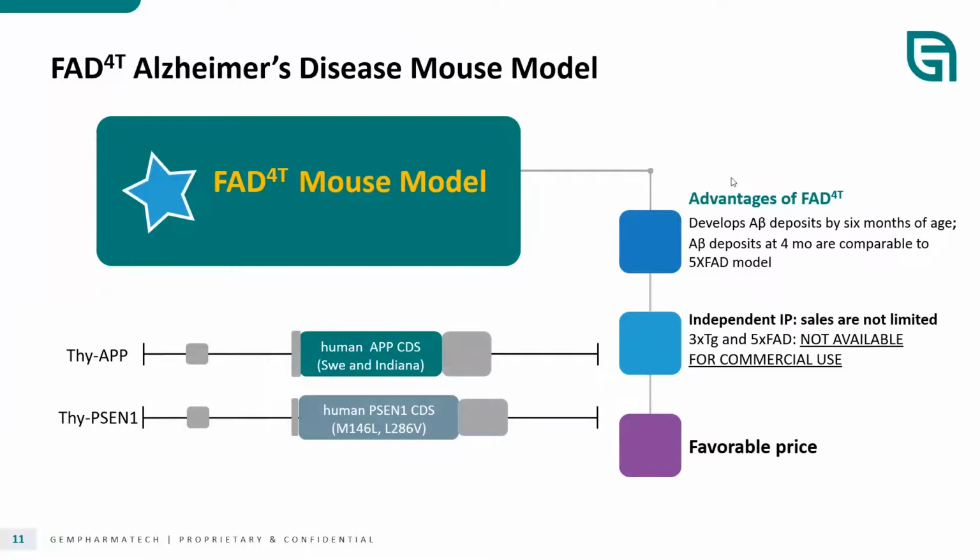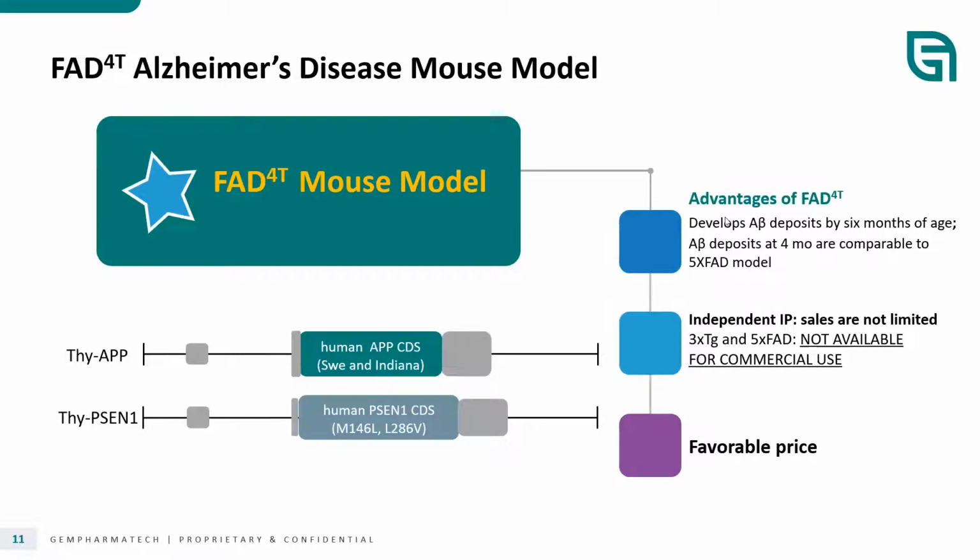This model has several advantages, including that it develops A-beta deposits by 6 months of age, and A-beta deposits at 4 months of age are comparable to the 5X FAD model. It's also generated by GemPharmatech and has independent IP. The sales are not limited. If a researcher is interested in the model, they can purchase the model from us.